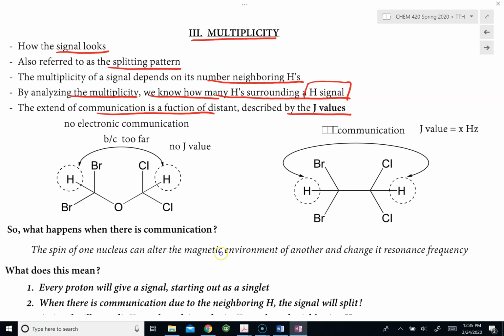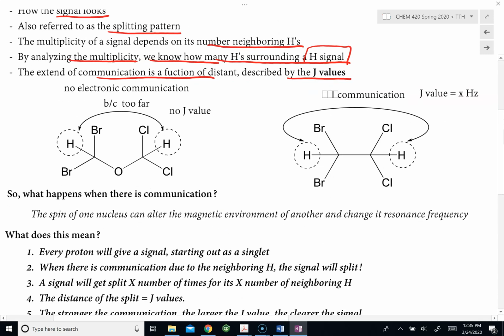For example, in this molecule below, we have two hydrogens. Because these two hydrogens right here are too far apart from each other, they do not communicate with each other. Imagine having two magnets, one magnet here and another magnet here, very far apart from each other, so they do not communicate.